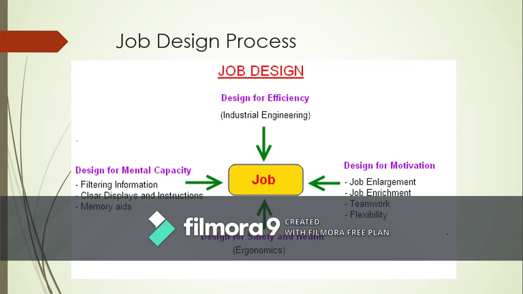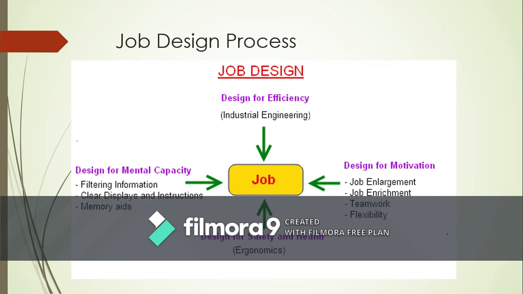Then motivation. Okay, when new jobs, duties and responsibilities are given to an employee, he gets motivated to do the work. Job enlargement is when the same type of work is given to the employee, and job enrichment is higher order work, where he has to acquire new skills or make new decisions. Teamwork and job flexibility are all provided so that he gets motivated to do the job.